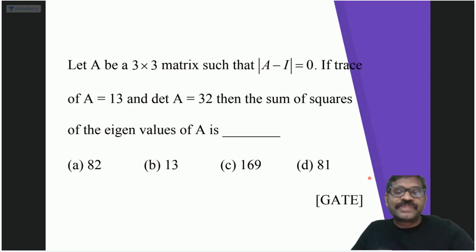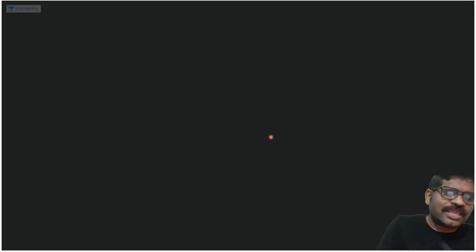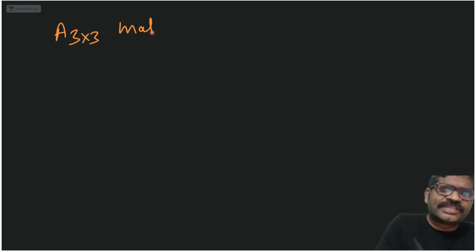Let A be a 3 cross 3 matrix such that determinant value of A minus I equal to 0.